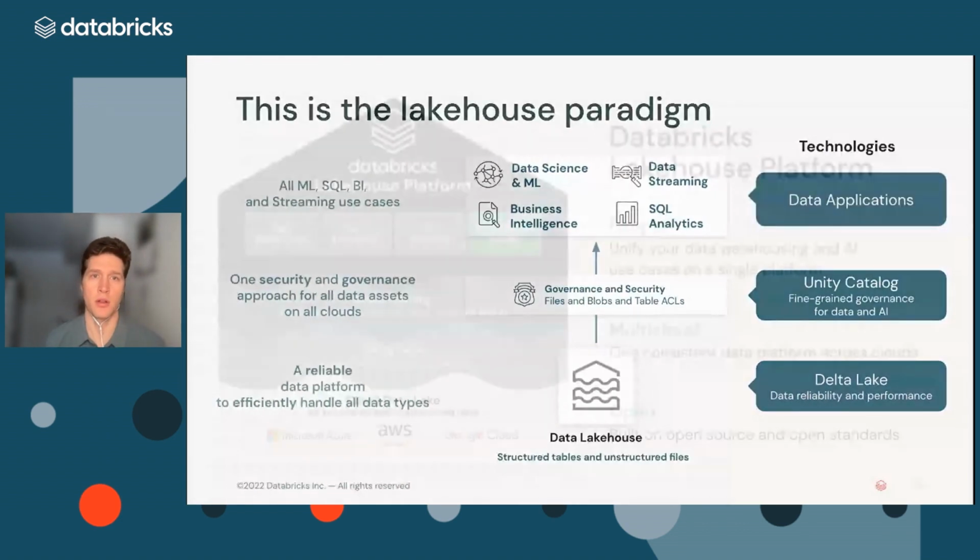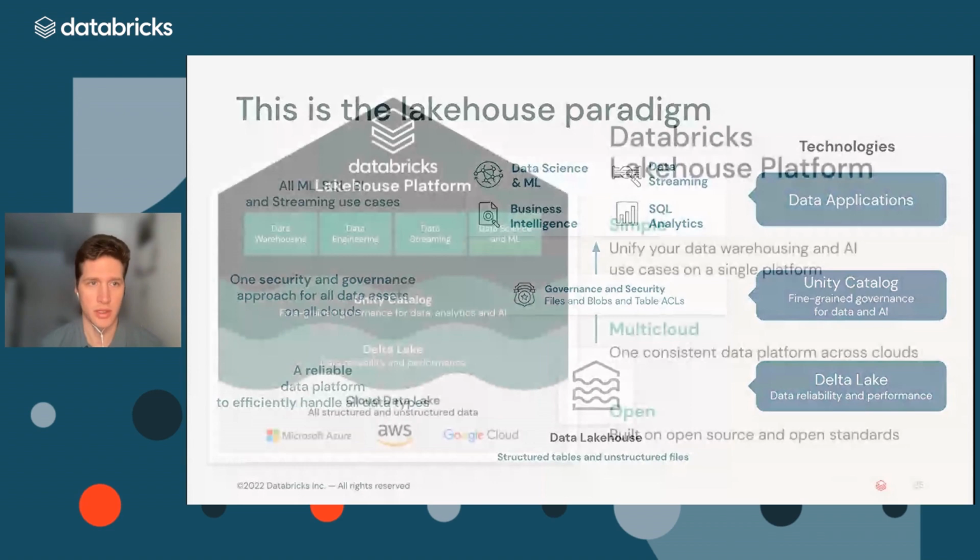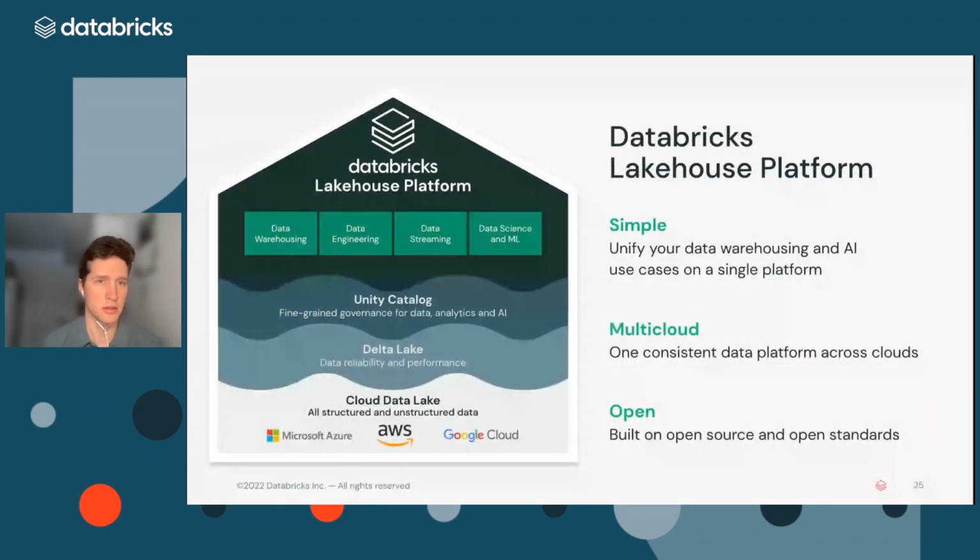So you're able to have all of your data, structured and unstructured, in one place on any cloud. And we bring extremely reliable and extremely fast query performance to that data lake without leaving the open source technology called Delta Lake. You can also use it for data warehousing workloads. Unity Catalog, right above that, provides governance, like we said, all with one consistent model.